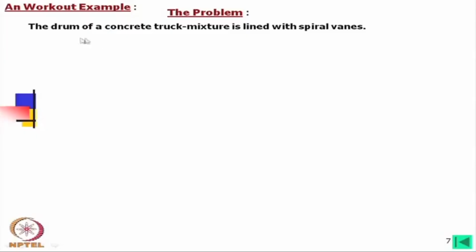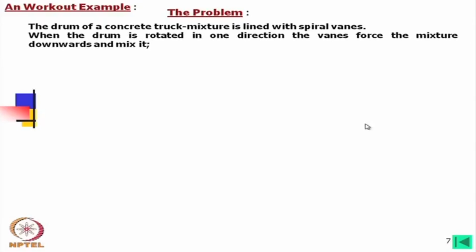Also this is used for cement manufacturing, when the cement is being manufactured, and there might be something else also. So, there we use a drum which should be rotated while it is being carried. Now, this drum is rotated in one direction. If it is rotated in one direction, the vanes force the mixture downwards and mix it.